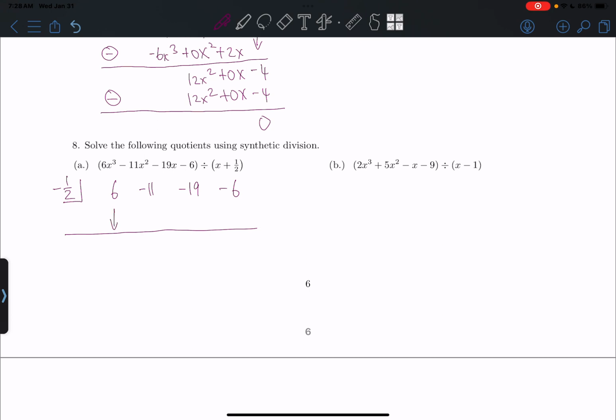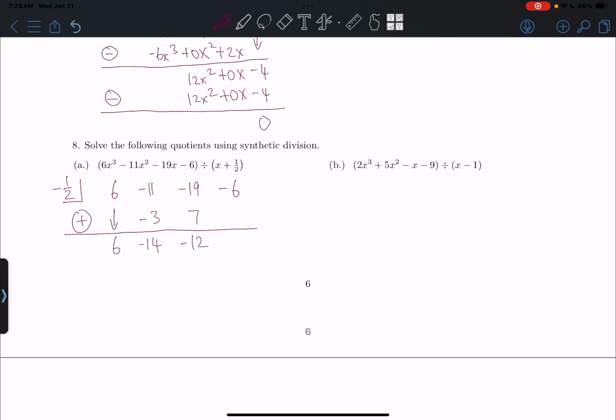So the first thing we do, we copy down the 6. Negative 1/2 times 6 is negative 3. We're going to add this time. Negative 11 plus negative 3 is negative 14. Times the negative 1/2 gives me 7. Negative 19 plus 7 is negative 12.